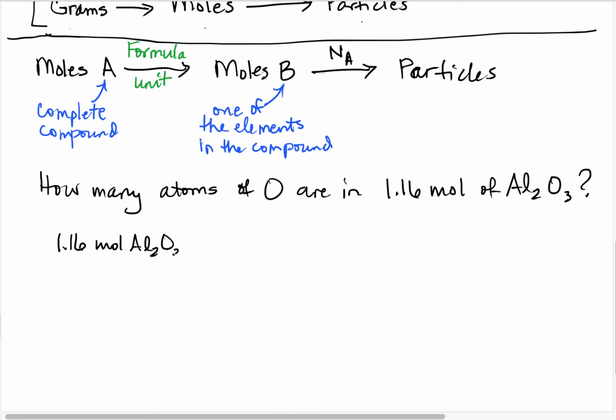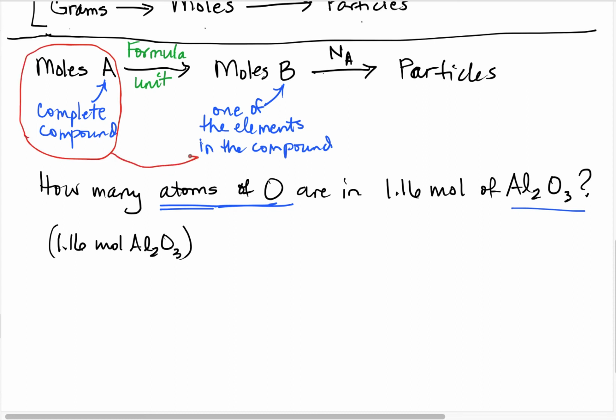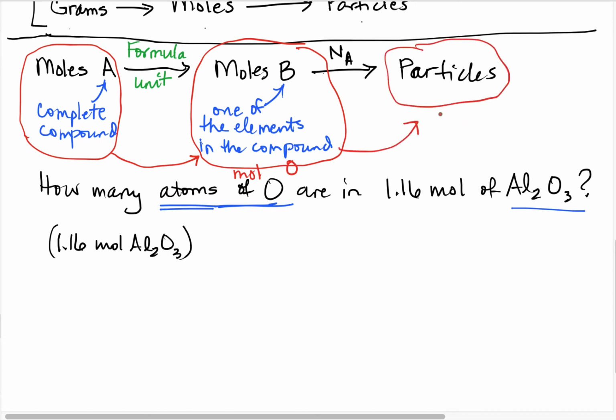That's the starting number that we have. And now when we look forward, we want to find out atoms. And we don't just want atoms of units of Al2O3. We want specifically oxygen. So that means that we're right here, and we're going to have to take 2 steps. We're going to take our first step, which will be over here to moles of oxygen. That's our plan. And then we're going to use Avogadro's number to get atoms of oxygen. So our calculation will have two steps.